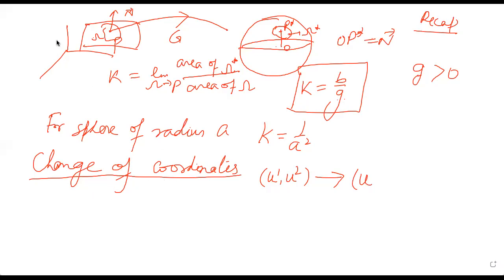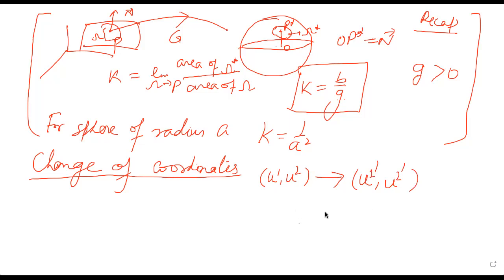Change of coordinates. These were just recap. So the next new topic is change of coordinates. Means if you are having old coordinates u1, u2, and you are changing your coordinates to new coordinates, suppose u1 dash and u2 dash, then what will be the formula? Like we have done in, I think, the last unit, change of curvilinear coordinates. There we saw what is the value of G, what is the change in area.